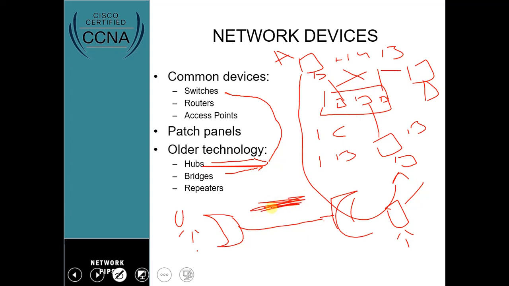One person has to speak while the other listens. That's how a hub behaves. It has a single collision domain and one broadcast domain. If they send at the same time, their packets will collide, and if A is sending a packet to B, C will also receive that information. So this is a no-no in today's world.